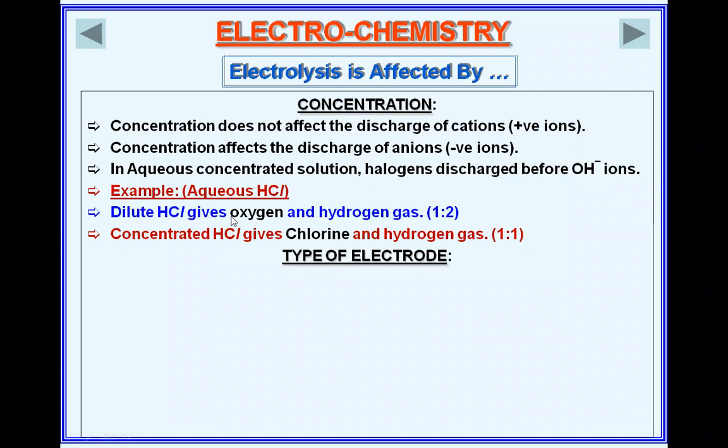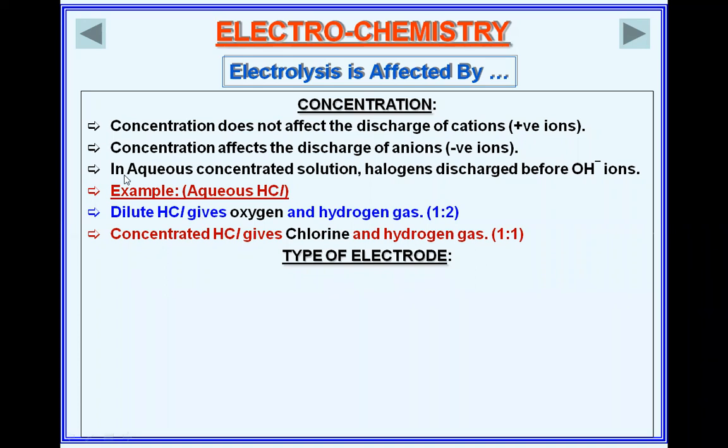So dilute HCl gives oxygen and hydrogen gas in the ratio of 1:2. Dilute sodium chloride solution gives oxygen and hydrogen gas 1:2. Aqueous dilute solution of sodium chloride, potassium chloride, or any other ionic compound must produce hydrogen gas in the ratio of 2 and oxygen gas in the ratio of 1.